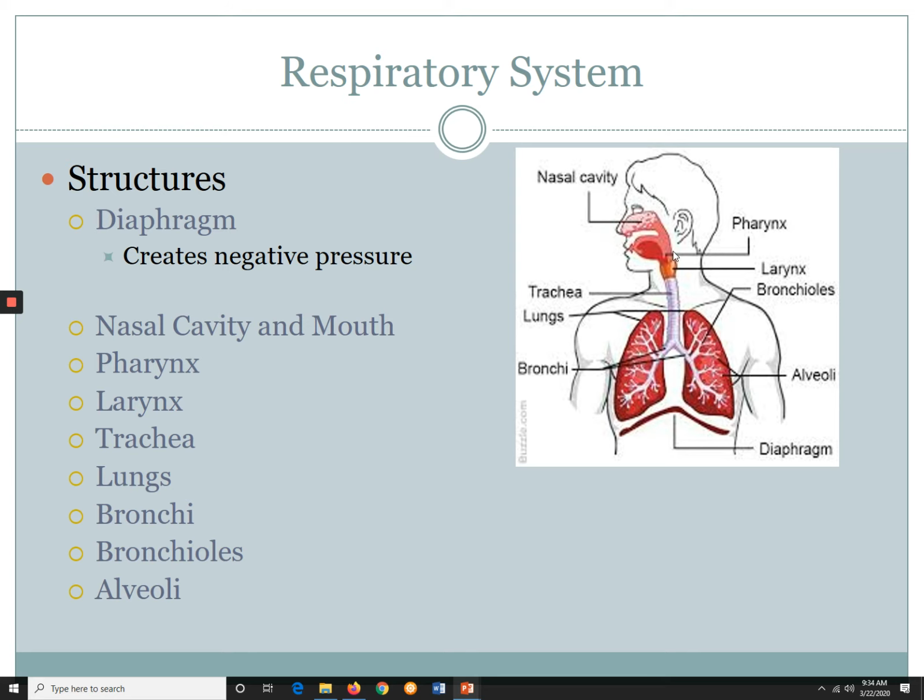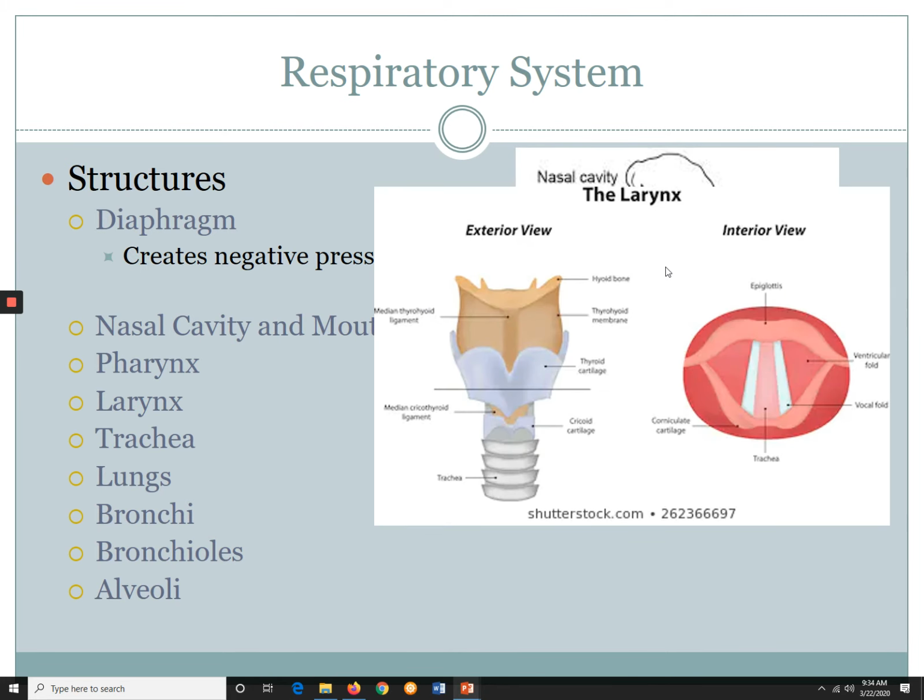After the pharynx, it goes down into the larynx. The larynx is also called the voice box. The way we make sound is we have this opening and we have two bands of connective tissue that work very similar to a string, like on a stringed instrument. If we want to make our voices higher, we need to contract the muscles on either side of these bands of tissue and make them thinner, just like the thinner strings on a guitar.